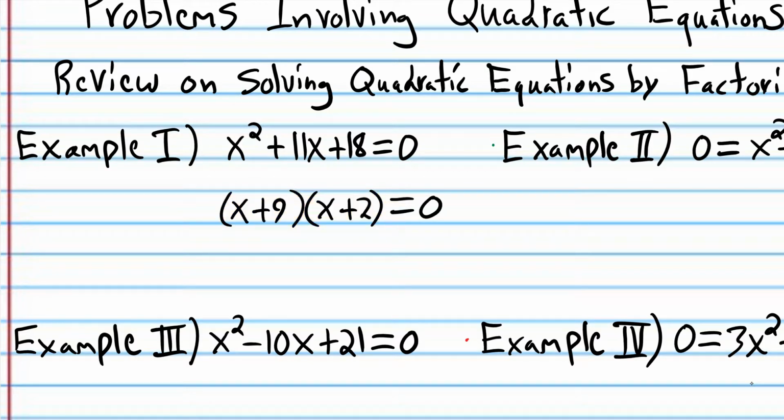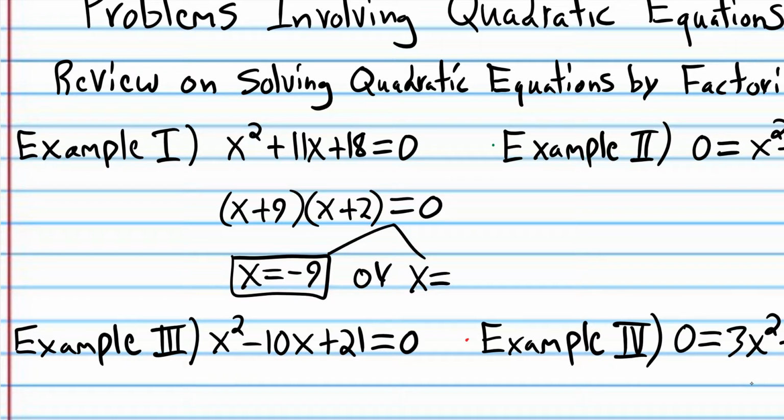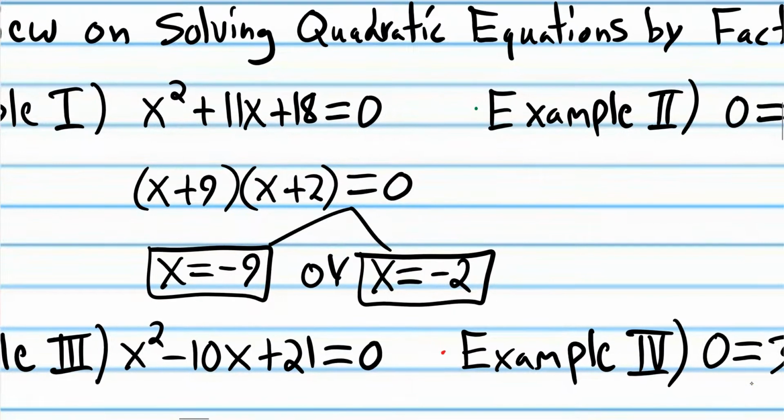Why do we do that? Well, now we can see the answers. Whatever you plug in there to make those parentheses 0, that's going to make the equation work. So obviously if we plug in x is equal to negative 9, that's going to make the factor at the left 0, and if we plug in negative 2, that's going to make the factor at the right 0.